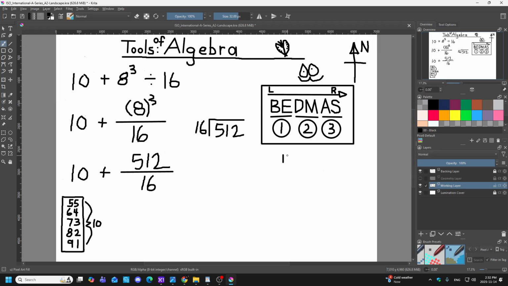So 16 times 2 is 32. 16 times 3. 6 and 3 is, I can show you the long way. 6 times 3 is 18. Carry the 1. 3 times 1 is 3, plus 1 is 4, so 48. There's our closest number, 3. So I'm going to go 48.